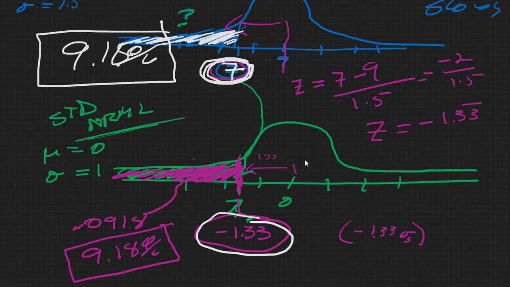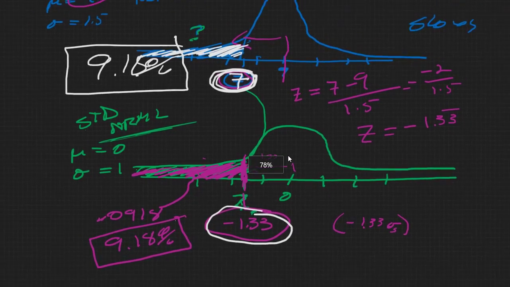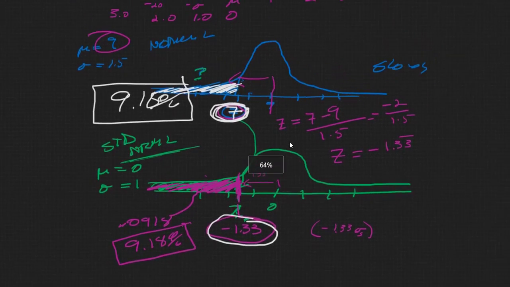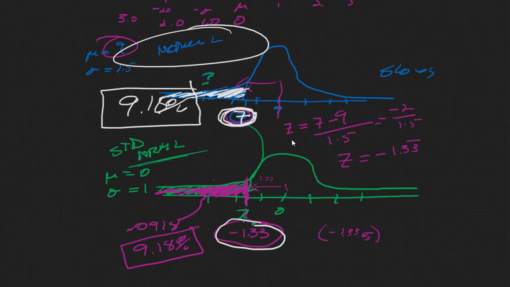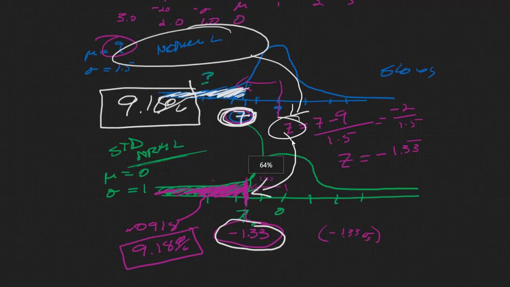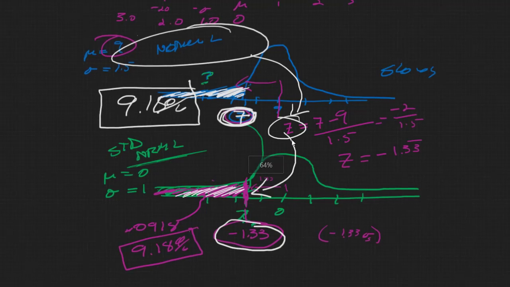What we do when we do this is we are looking at real data in a normal distribution. We're using a z transformation to go from the normal distribution to the standard normal distribution, so we can figure out what the area of the curve looks like, and then we can apply it back to our question at hand.